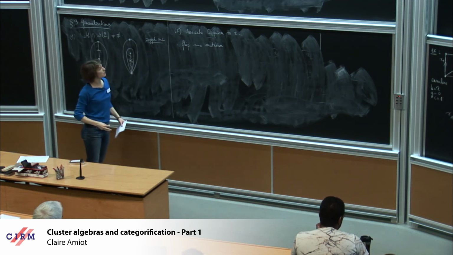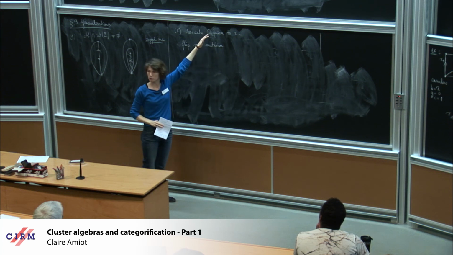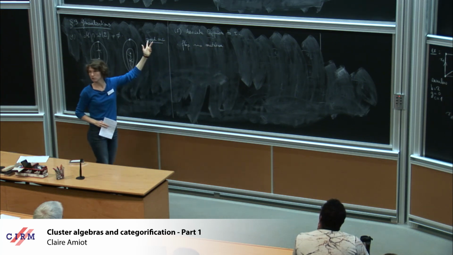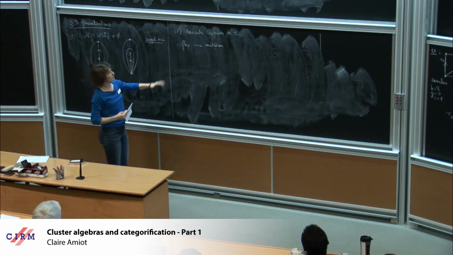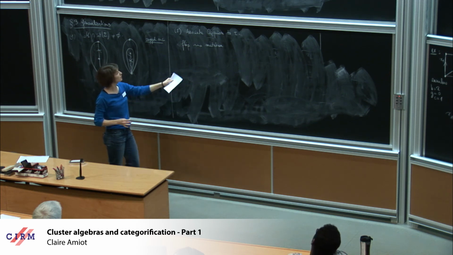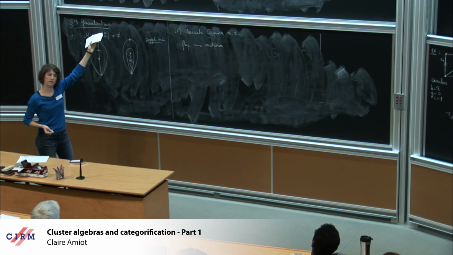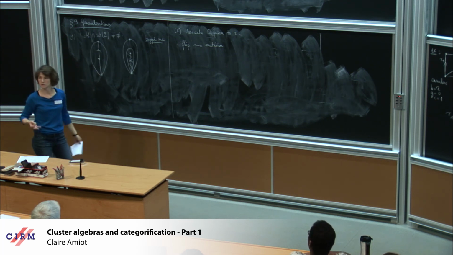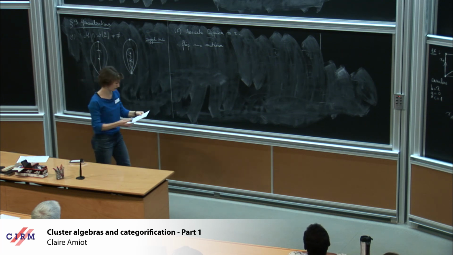And then you can somehow start with any quiver. And of course, if you take a triangulation, you won't get any quiver. So you can start with a very, very general situation of starting with any quiver and perform this mutation process. And then you get this algebra, but you don't have this topological meaning, but still you have all these properties.